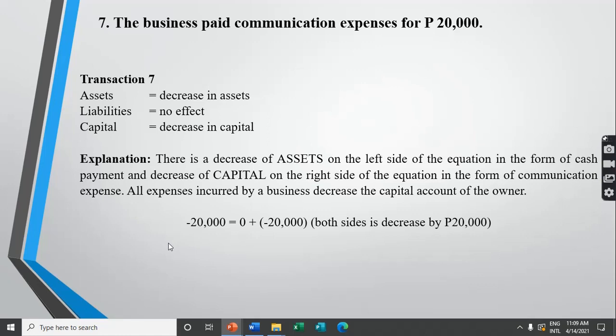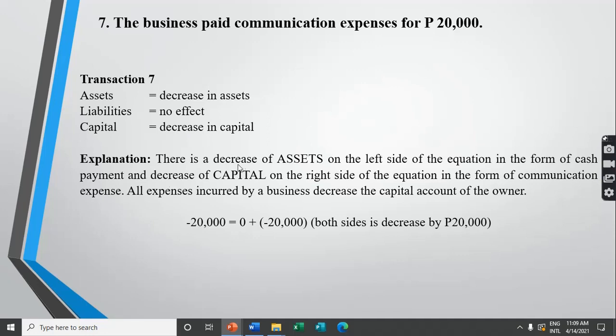Tama? Okay, that is considered expenses. So, meaning mababawasan din yung capital mo. So, asset, decrease in assets. Liabilities, wala siyang effect kasi wala namang sinabing utang or nagbayad ka ng utang mo. So, capital, nabawasan din yung capital mo kasi naglabas ka nga ng pera.